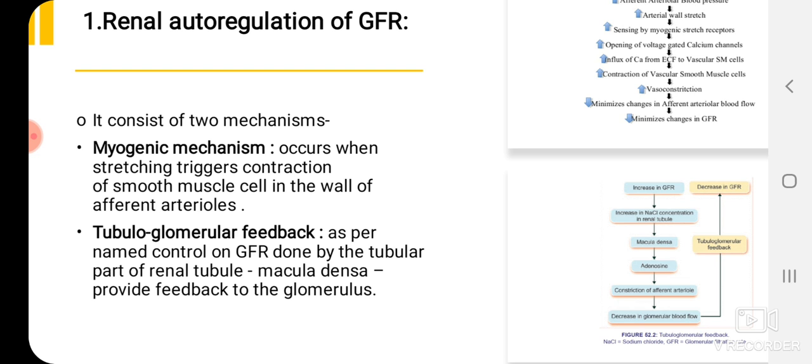As per the name, this feedback is produced by the tubular part of the renal tubules. The renal tubules have the macula densa that produces a feedback on the glomerulus.